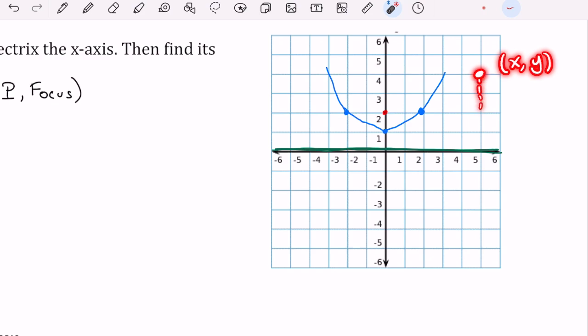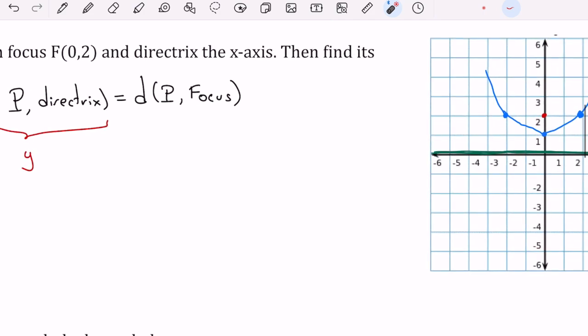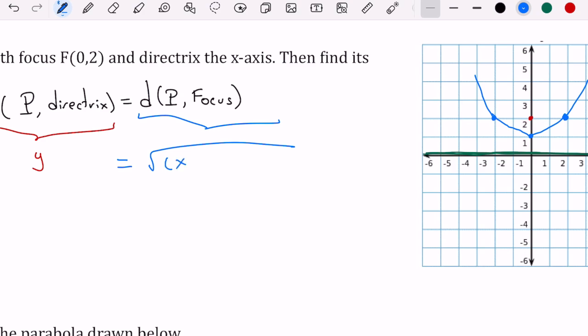Great. Now, what is the distance from any point to the focus? Here we need the distance formula. It is the square root of x minus 0 squared plus y minus 2 squared, since my focus is at 0, 2.